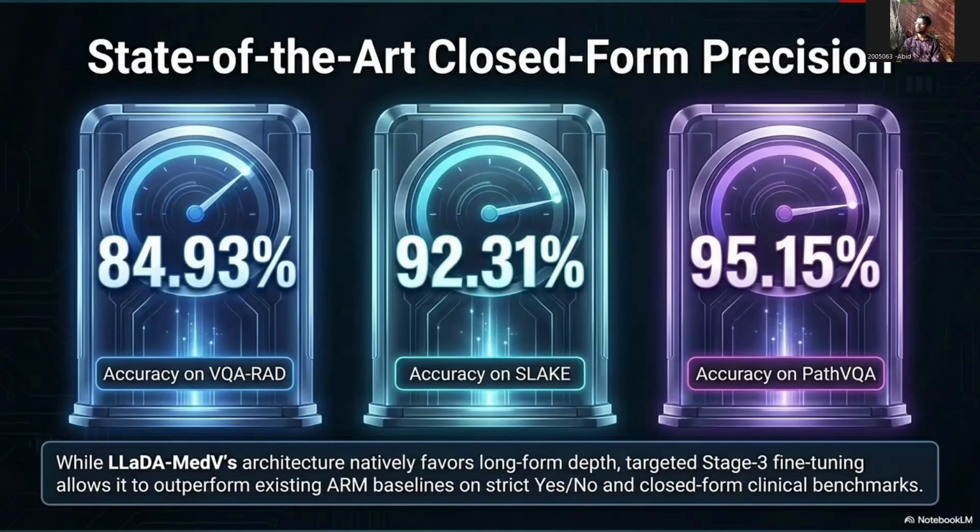The authors highlight that while the architecture natively favors long-form depth, that targeted stage 3 fine-tuning we discussed earlier allows the LLaDA-MedV model to actually outperform the existing autoregressive baseline even on strict yes/no clinical benchmarks.